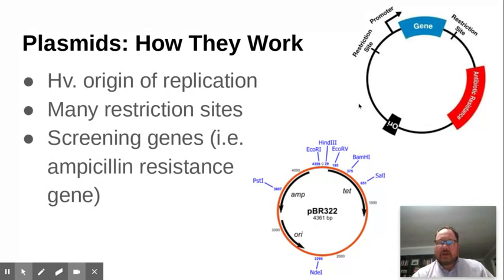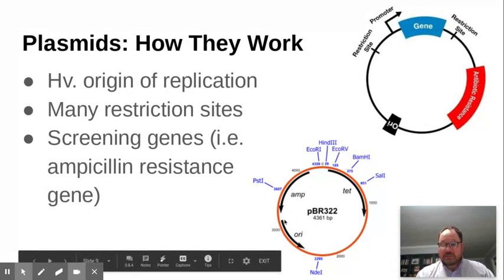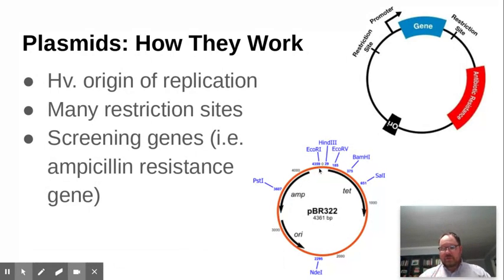And then if you cut your gene of interest with EcoR1 as well, you can stitch the gene of interest into your plasmid. That way, only the bacteria that have the plasmid can survive on ampicillin. So if the bacteria take up the plasmid, they'll survive in the presence of ampicillin, and they'll have your gene of interest because it's on the plasmid as well. And so the bacteria crank out what you're interested in.